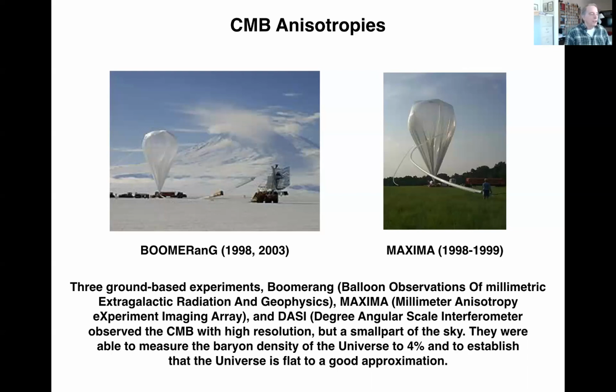And they were able to ascertain that the universe was flat to good approximation, and that the baryon content they could determine to about 4%. So how is that done? How is the universe ascertained to be flat from that CMB structure?